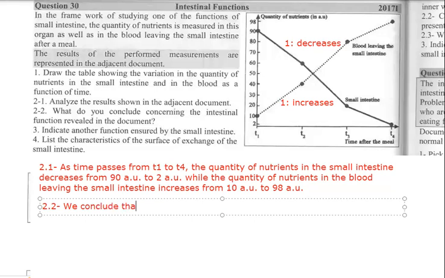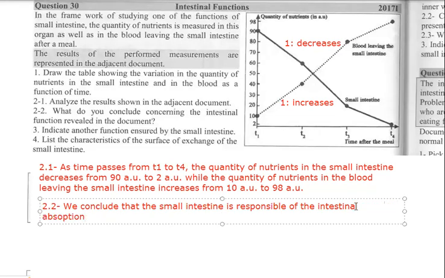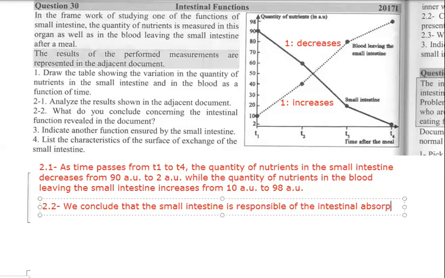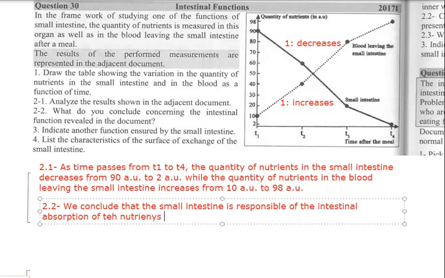We conclude that the small intestine is responsible of the intestinal absorption of the nutrients into the blood. Meaning nutrients are absorbed from the small intestine to the blood.